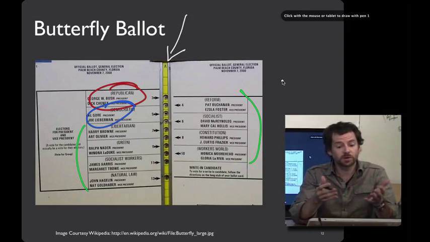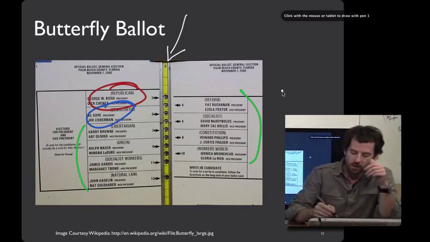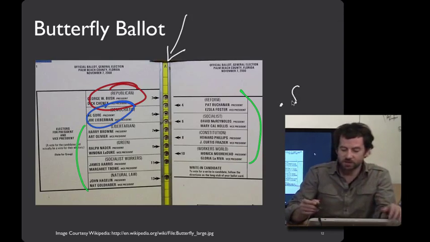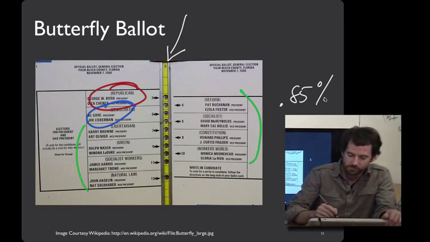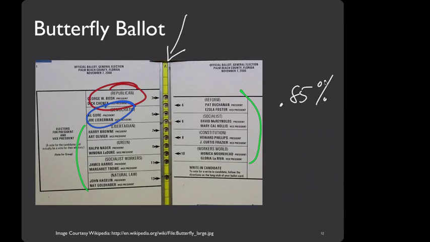Among people who voted in Palm Beach County using this ballot style, about 0.85% of the votes were for Pat Buchanan. However, people who voted absentee using a different style of ballot had a much lower rate of votes for Pat Buchanan. And the reason appears to be that this hole in the middle right here was ambiguous.